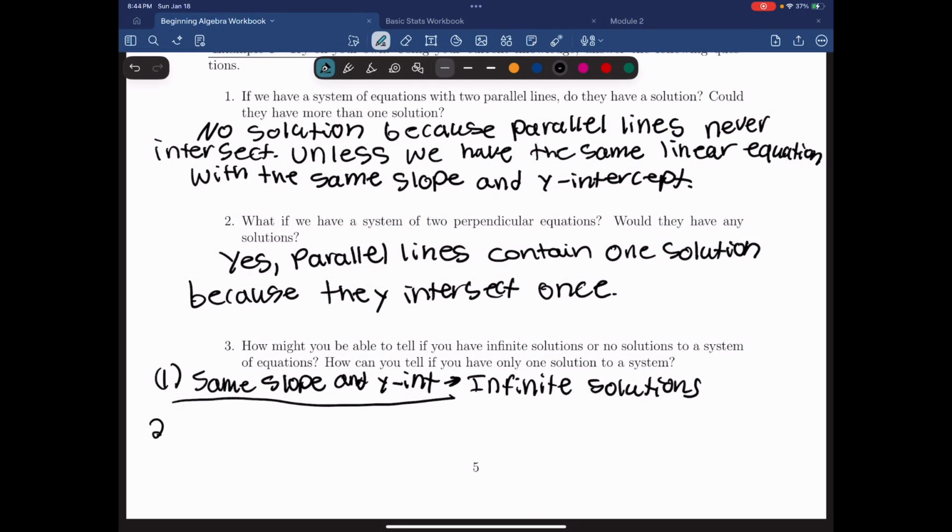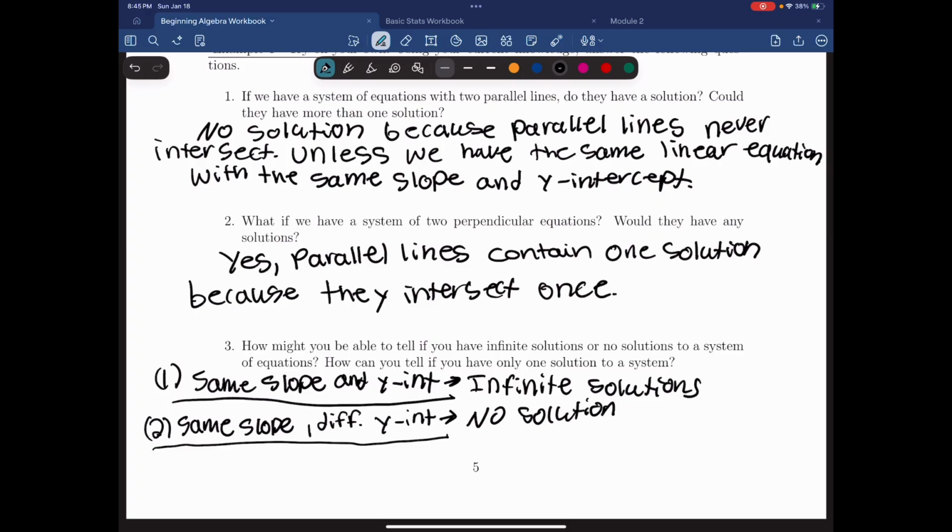Now, if both lines have the same slope but they have a different y-intercept, that means you're going to have no solutions. So for rules 1 and 2, notice that I said both of them have the same slope.